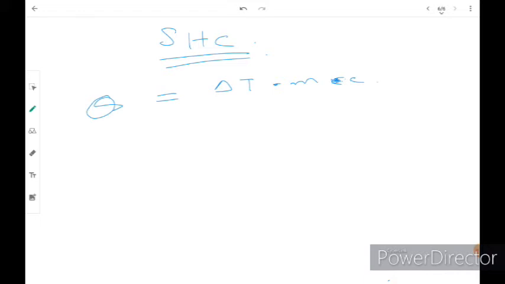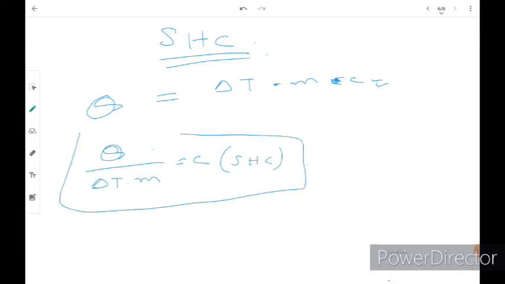Now we can rearrange this: Q divided by change in temperature into mass is equal to the specific heat capacity. From the previous expression itself we can find out the specific heat capacity.